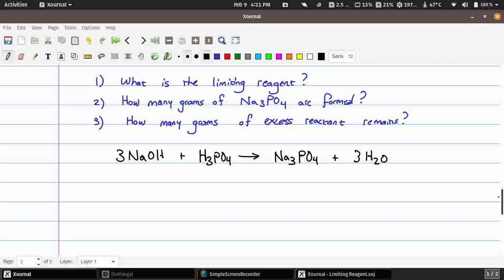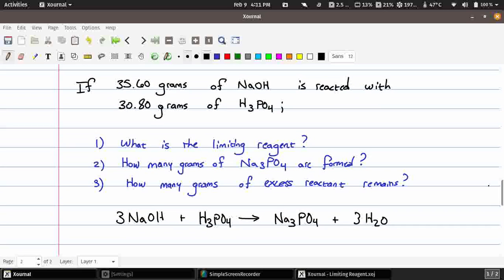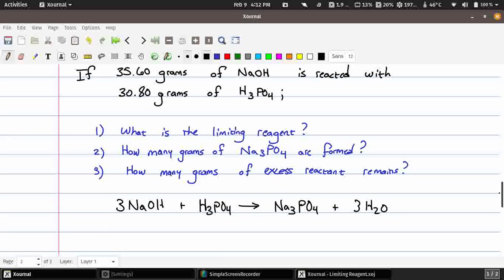So how do we calculate the limiting reagent? Let's take all of our info and write it down under the reaction. We have 35.6 grams sodium hydroxide, and we have 30.8 grams of phosphoric acid.